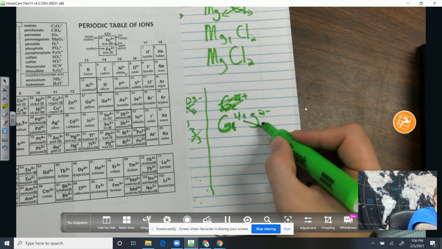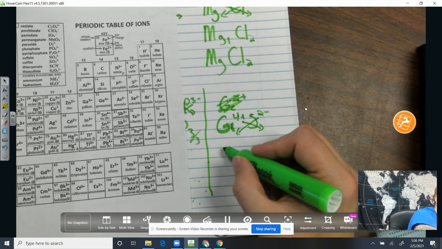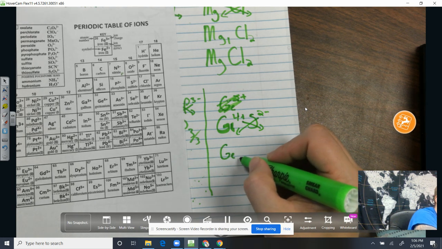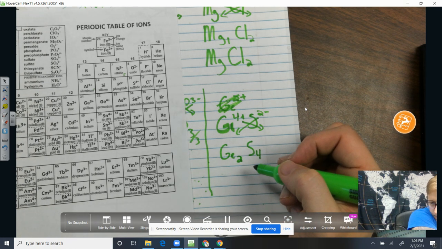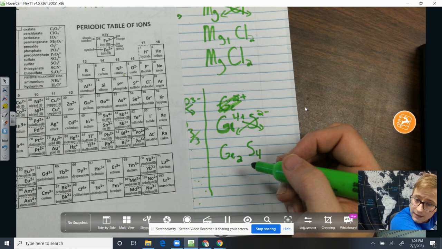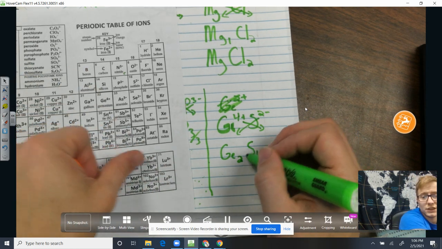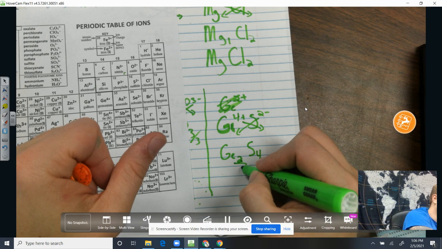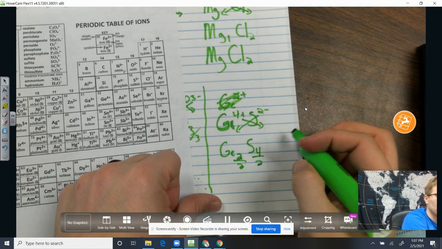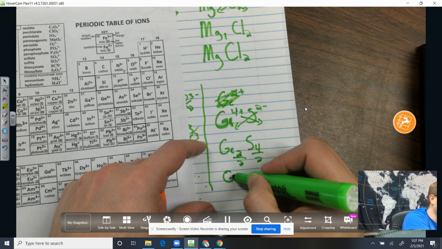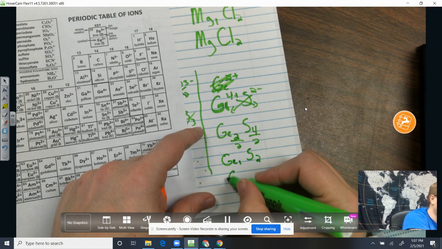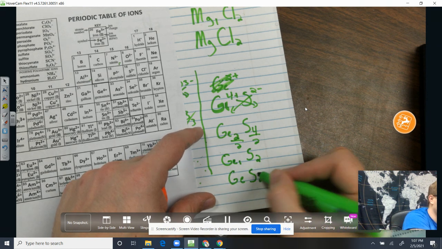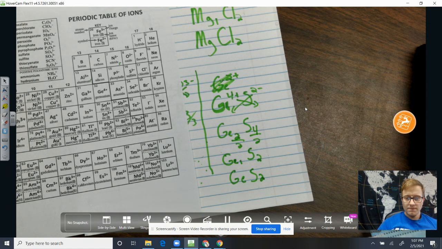Now, when I do the crisscross rule, I'm going to get Ge2S4. Now, again, this is not correct. You're going to have to simplify it by its smallest number. So we're going to divide by 2. Ge2 divided by 2 is 1, and S4 divided by 2 is 2. So we're left with GeS2. And that's how you name simple salts.